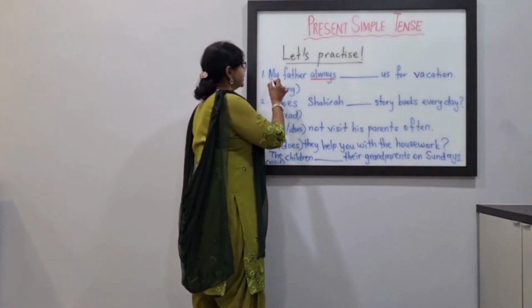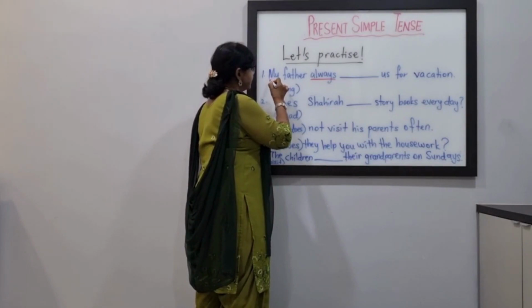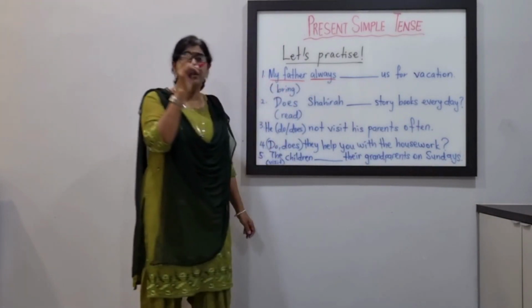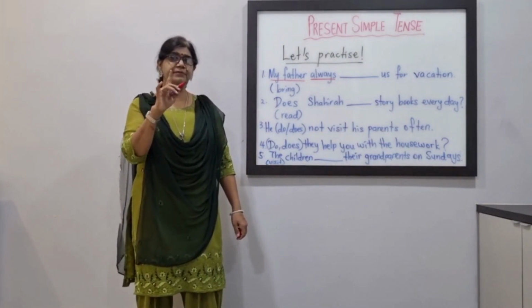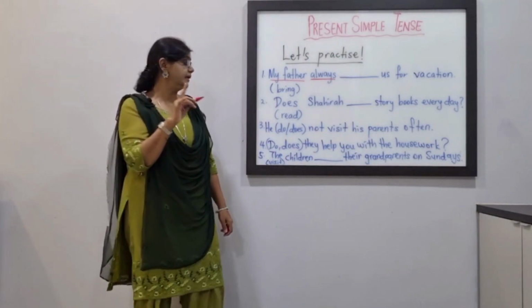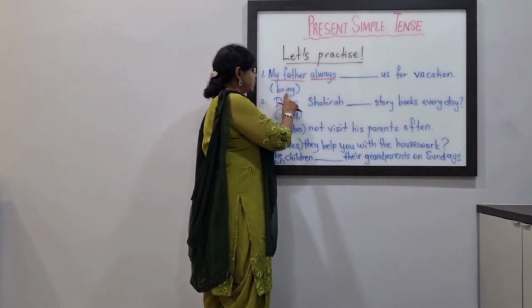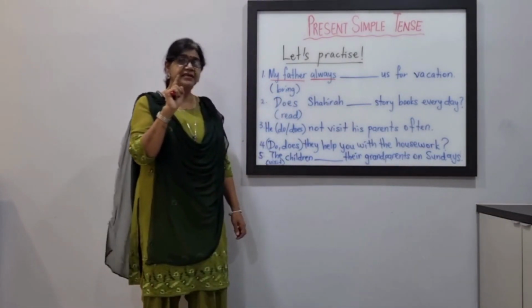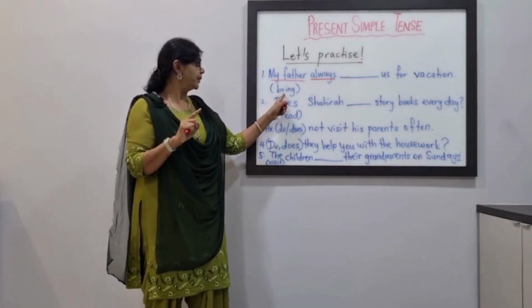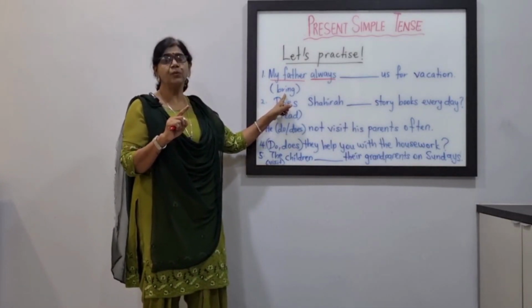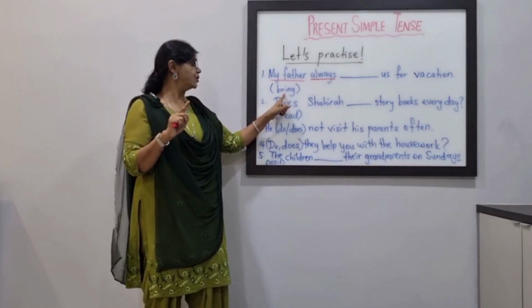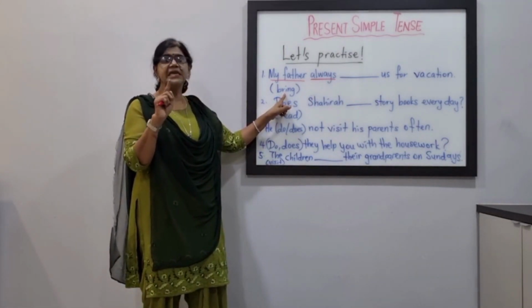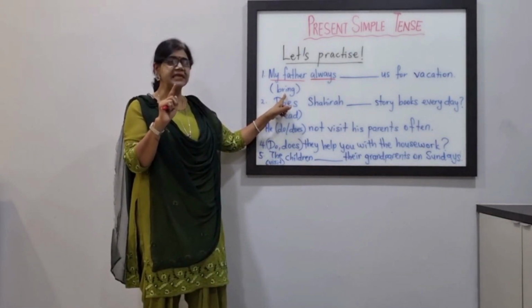Okay, look at the subject here. The subject here is my father. My father is a singular subject. Singular subject carries a singular verb. So, this verb, the word bring, is in the plural form. Bring is a plural verb we use for plural subject. So, you got to use the verb in the singular form.